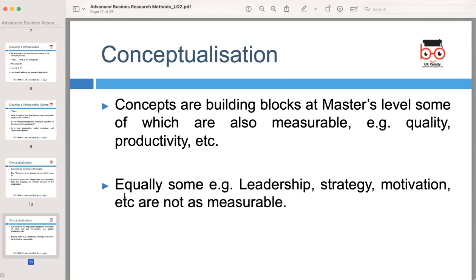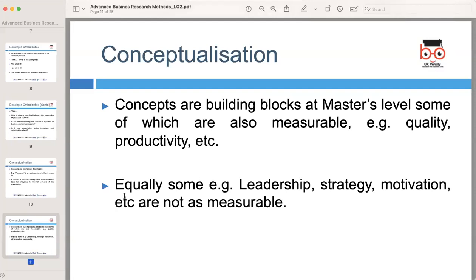So concepts are fundamental building blocks of our understanding of the world around us. They are mental representations that help us categorize and make sense of the diverse aspects of reality.